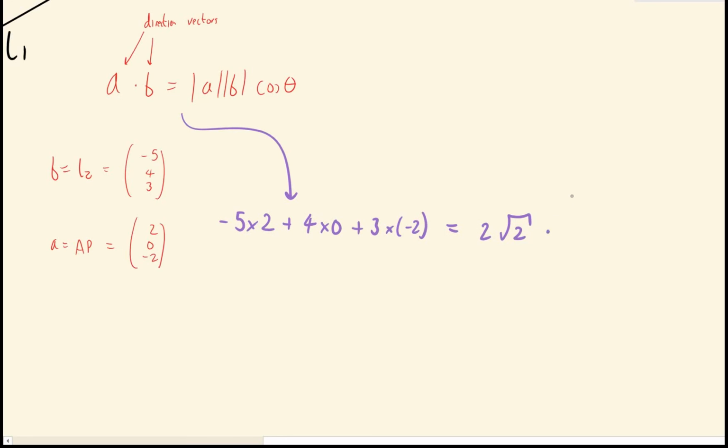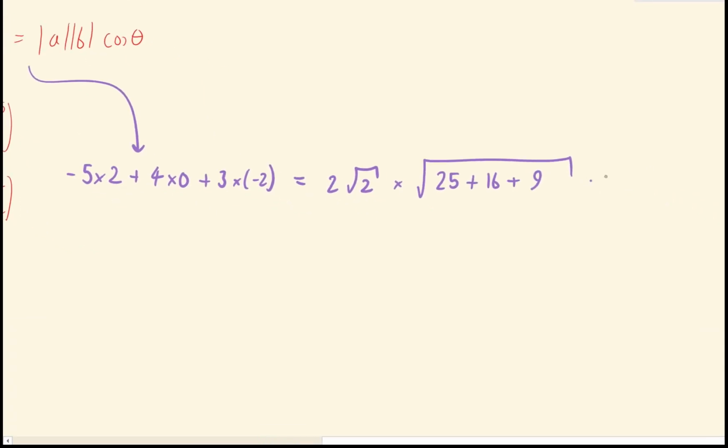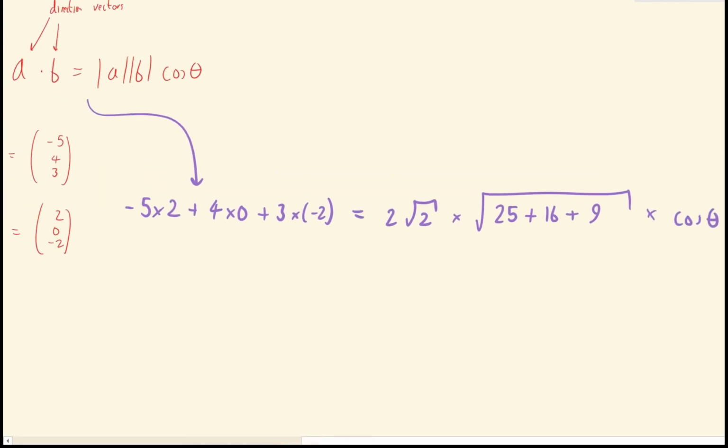That needs to be times mod of B. So the square root of 25, which is minus 5 squared, plus 16, which is 4 squared, plus 9, which is 3 squared, times cos theta.